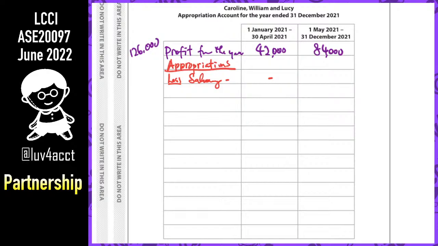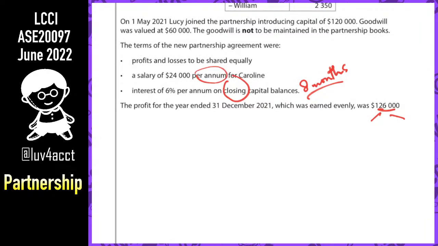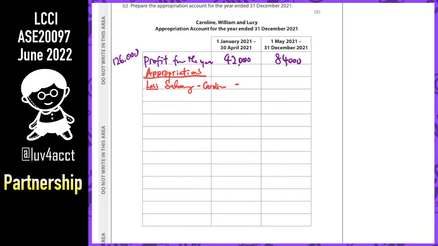There is no salary in the first part of the year. But in the second part we have Caroline, right? How much? 24,000 per year, but be careful, it is per annum. So we have to factor it.